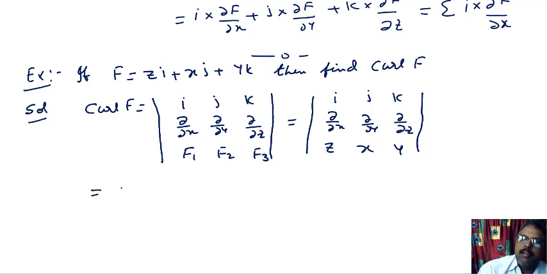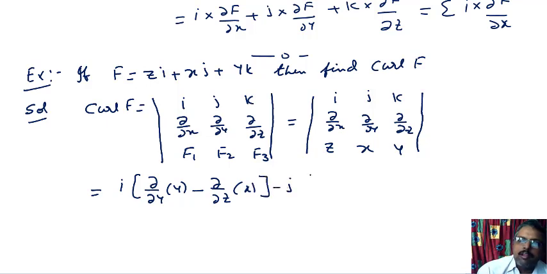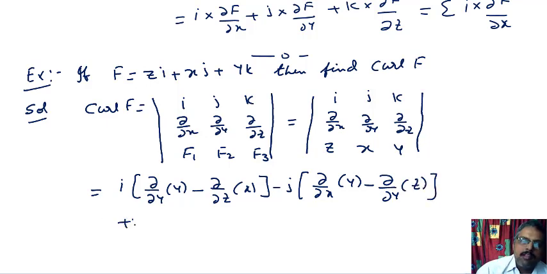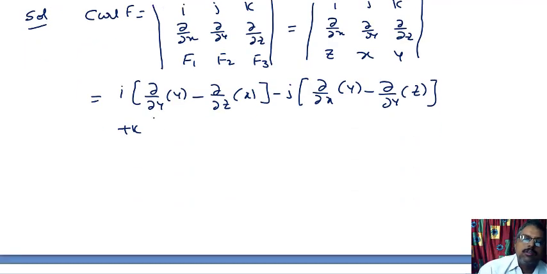First i into dou by dou y of y minus dou by dou z of x, minus j into dou by dou x of y minus dou by dou z of z, plus k into dou by dou x of x minus dou by dou y of z.